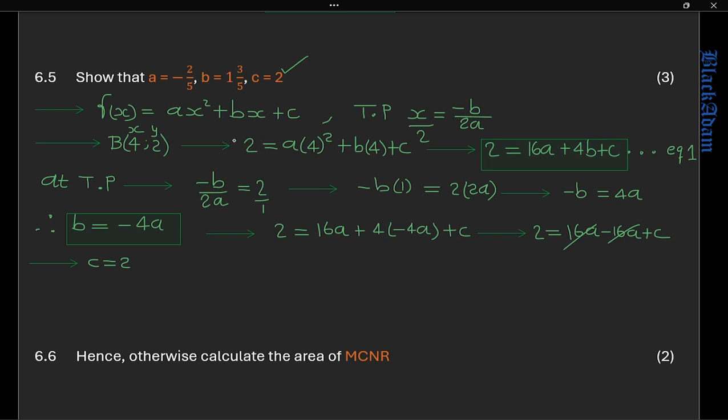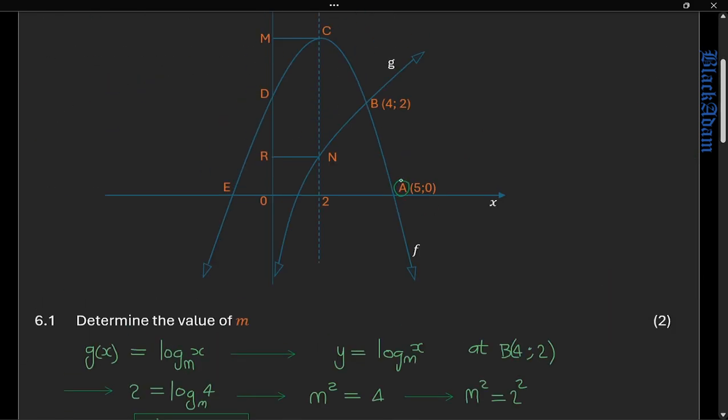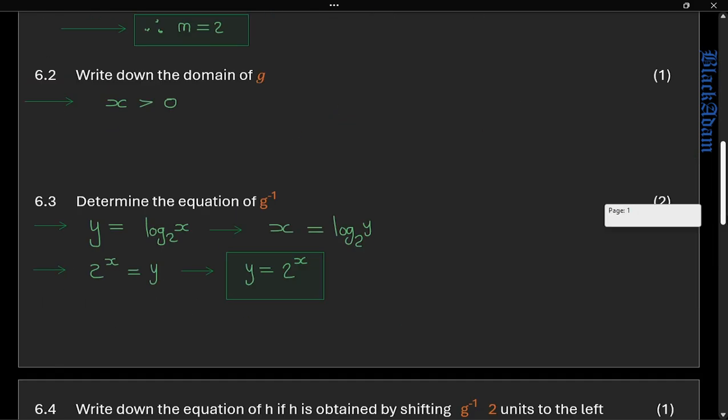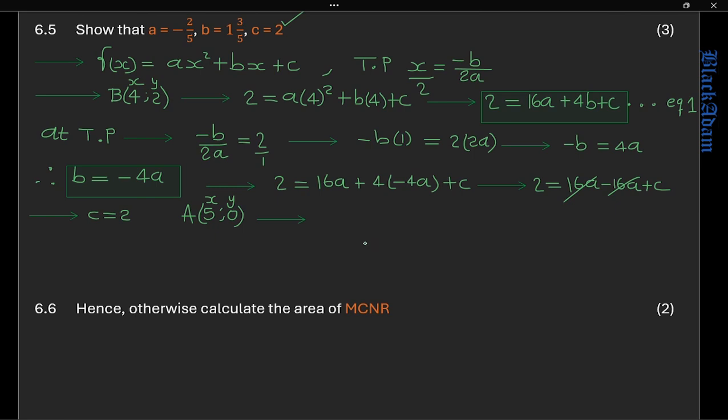So that's our c equals 2. And then at A, we have x is 5, y is 0. We will substitute those values into the quadratic equation.